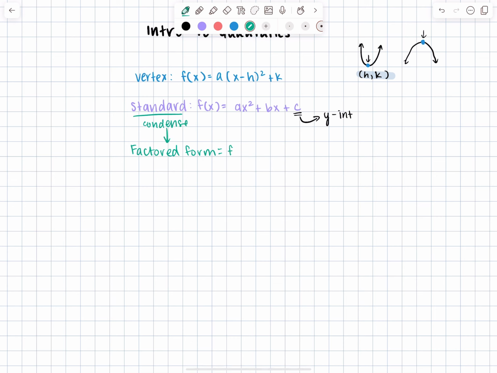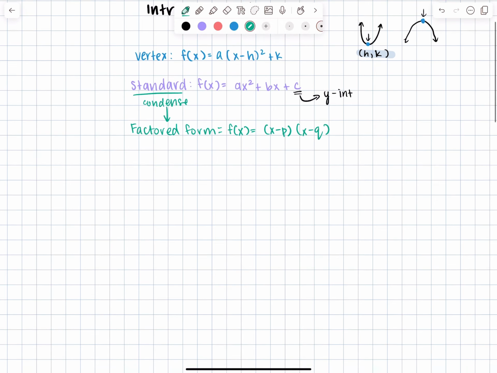So this is f of x equals (x minus p) times (x minus q). And this is our factored form, and this gives us our x-intercepts. So the p and the q, these are our x-intercepts.